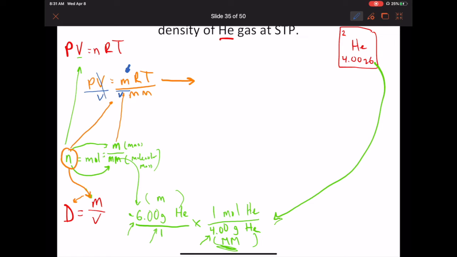These are going to cancel out. We want this m and this v by themselves, which means all of this stuff needs to go to the other side. So if you divide by RT on both sides, they'll cancel out. And then if you multiply by the molecular mass on both sides, that'll cancel out.